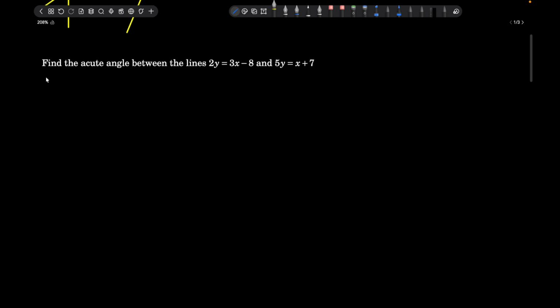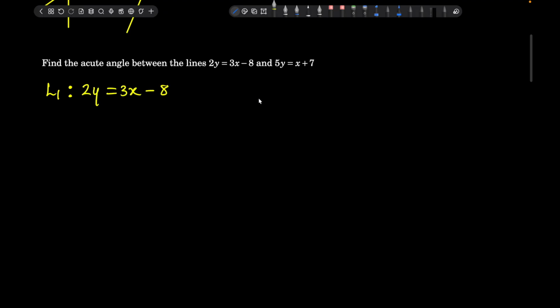Now the first question says find the acute angle between 2y equals 3x minus 8 and 5y equals x plus 7. So we have the first line, let me call this line 1: 2y equals 3x minus 8.